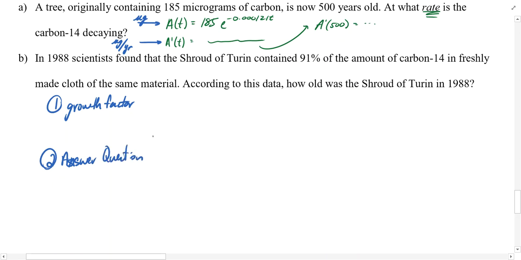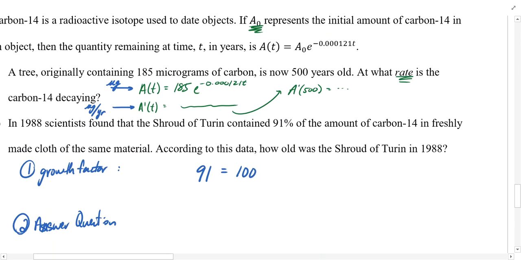So to find our growth factor, we'll start by using components that we already know. In 1988, which is sometime after this Shroud of Turin was made, there was 91% of the material left, and we assume that when it was made it had 100% of the material.